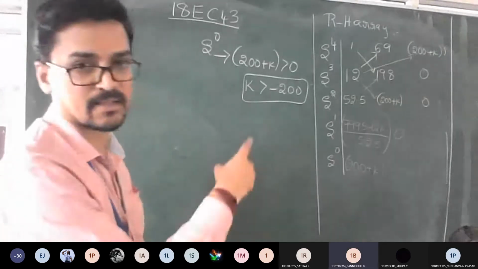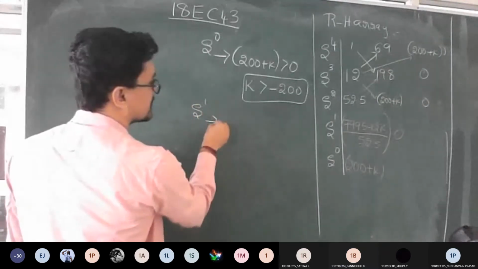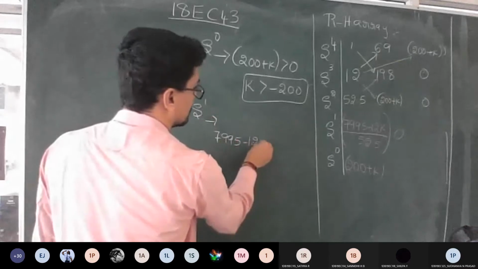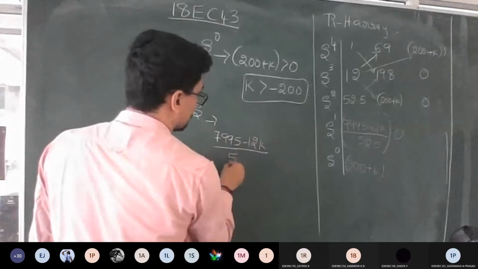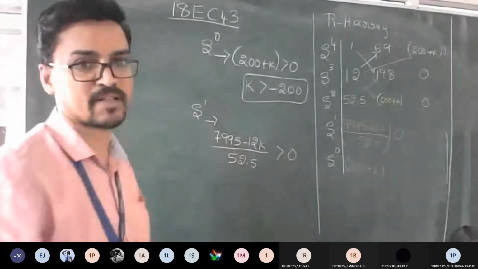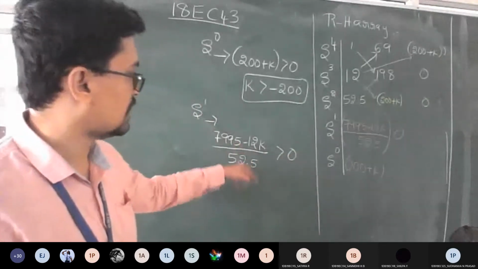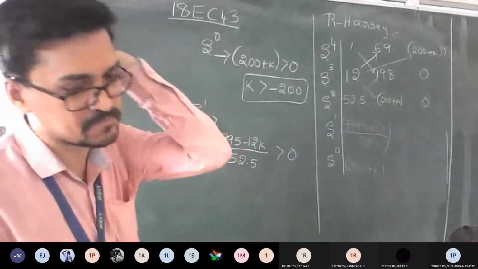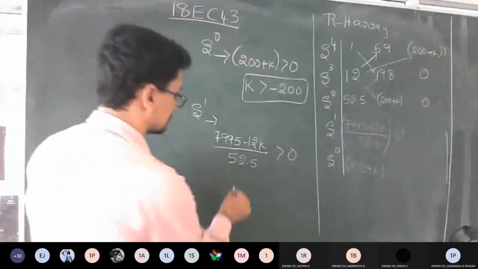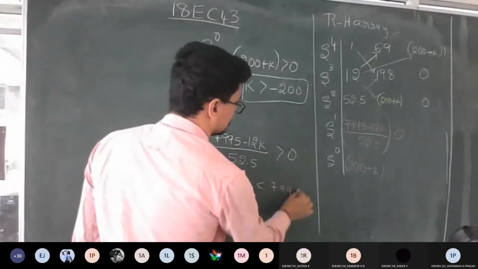Tell me what is the next range answer. It's for the s power 1 coefficient: 7995 minus 12k divided by 52.5 greater than 0. See, what we did yesterday, same thing, nothing new we're doing here. So I think this is going to be 0 and check out the answer. What is the range? Is it like this, 12k less than 7995?